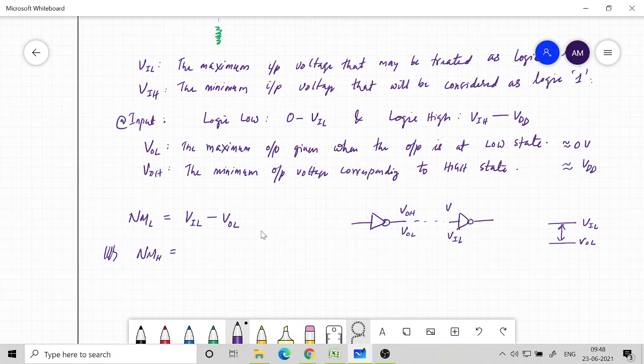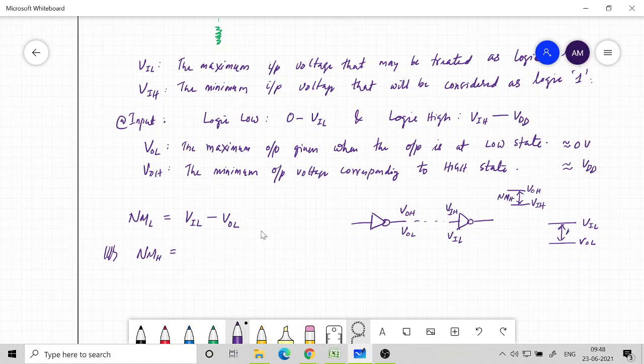Even if it is a little less than VDD, I will be able to take it as a high state. So in the case of high state, VOH I provide, but I don't need VOH; I can adjust with VIH. So this is basically noise margin for high state.